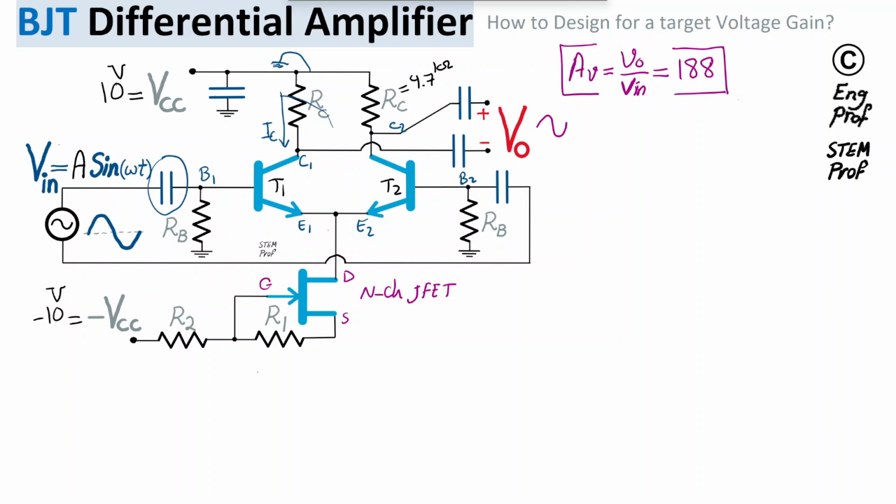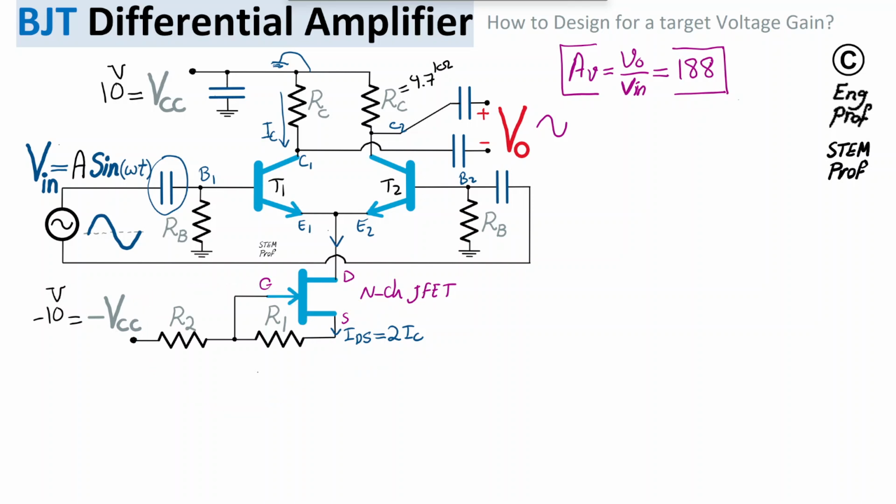As soon as I find the IC, then I can say the DC current of the N-channel JFET, IDS, is 2 times IC, because of course 2 IC are flowing downward from the two transistors and add together so that it becomes 2 times IC as the drain source current of the JFET transistor.